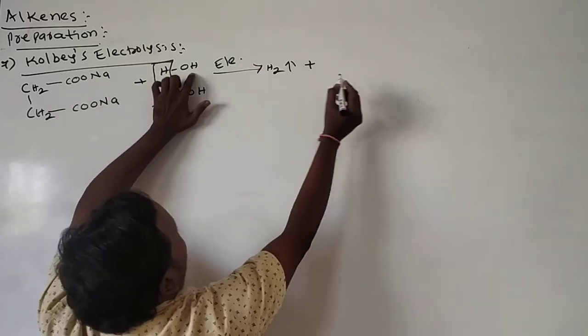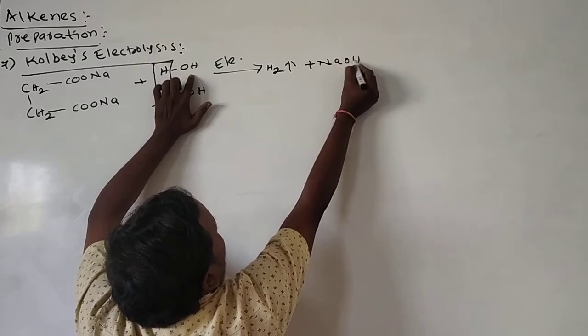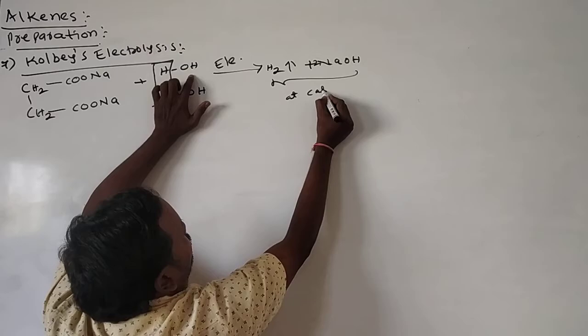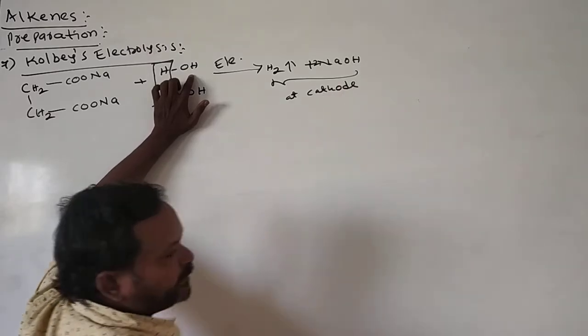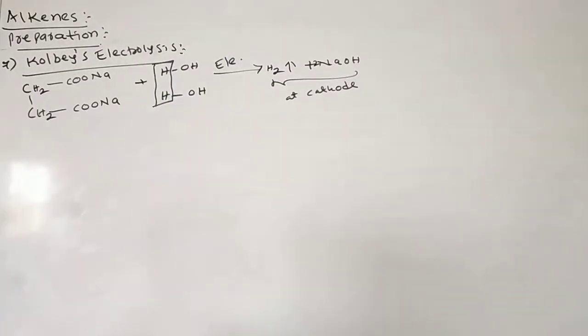Sodium reacts with OH and forms sodium hydroxide. These two are formed at the cathode. From the NEET and CD point of view, at the cathode, which compounds are formed or which gases are evolved.